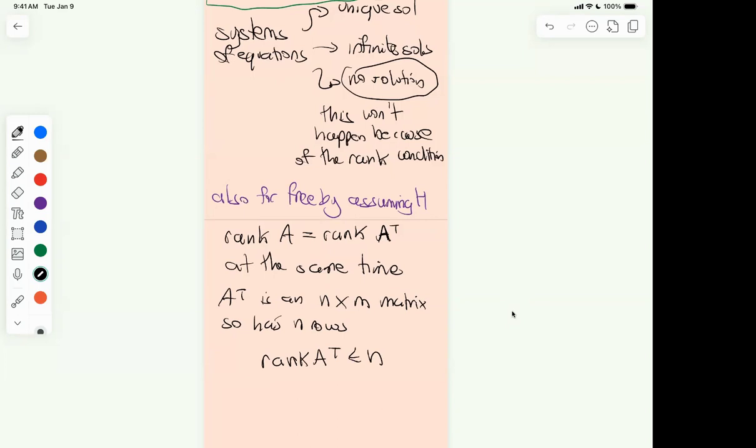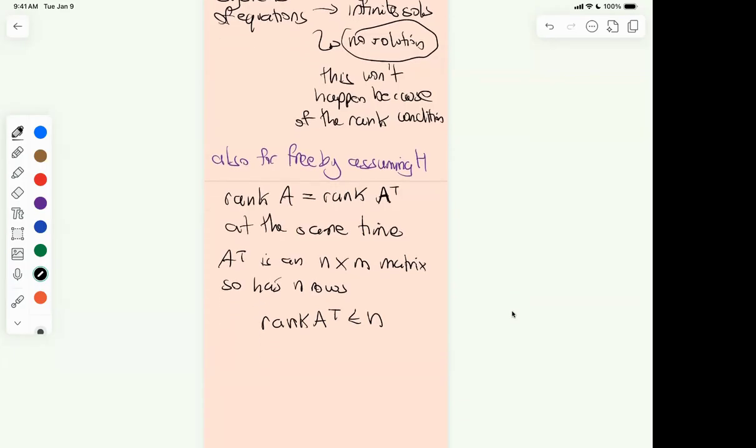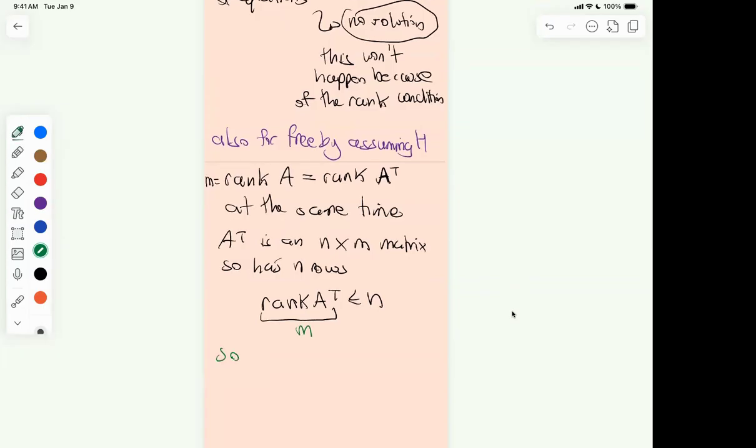But this assumption H said that these two were the same, and our assumption was that the rank of A was already the number of rows of the matrix A. So this has to be M, right? So what that means is that M is less or equal to N, or another way of saying it is that for the matrices we work with, there are at least as many columns as there are rows.